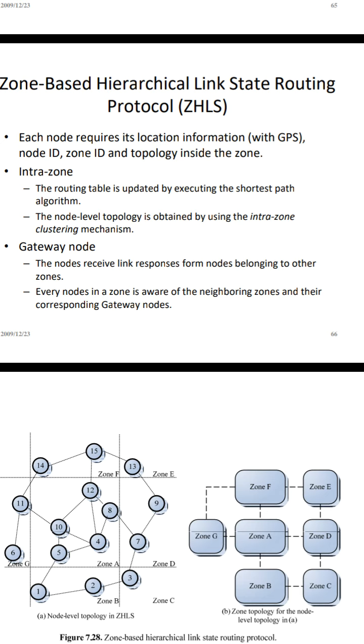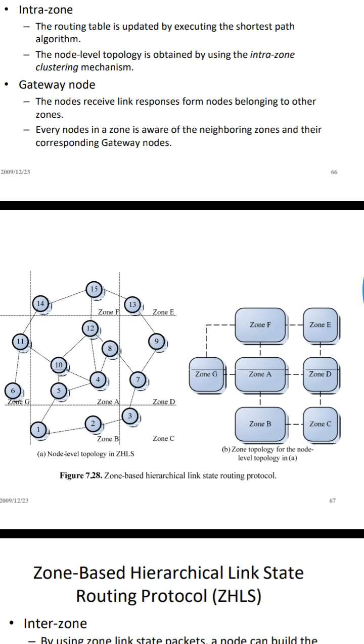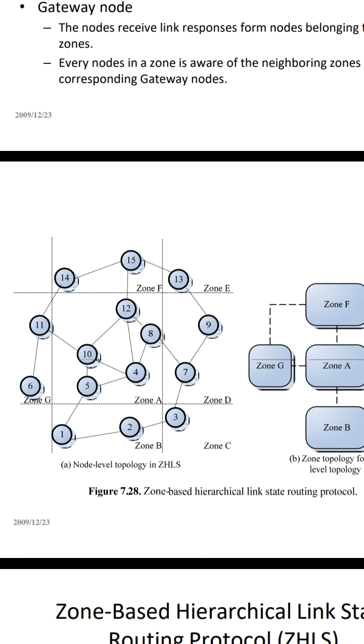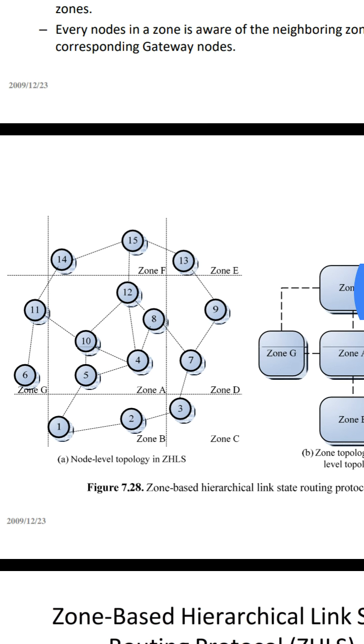Let us consider this diagram to know the working principle of the zone based hierarchical link state routing protocol. Here, this is the total network. This total network can be divided into different zones, that is zone A, zone B, zone C, zone D, zone E, F, G. So these are the different zones, and each zone is in a hierarchical manner.